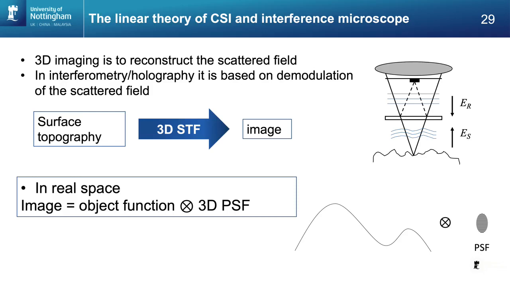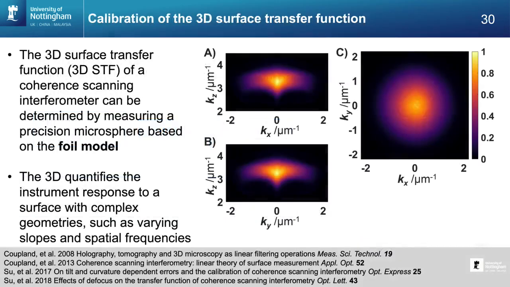And it's how do we determine that 3D surface transfer function? In real space, we can think that the image equals the object convolved with the 3D point spread function of the instrument. But we still don't know how to get to that 3D point spread function. That's a complex mathematical problem. Most people only solve this in 2D and don't even realise it's a 3D problem.